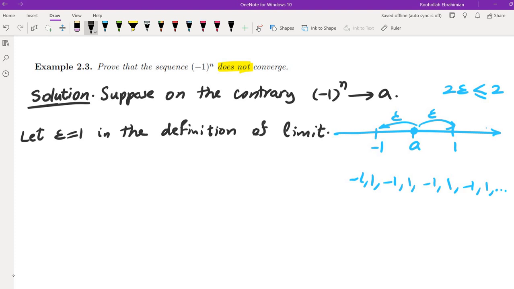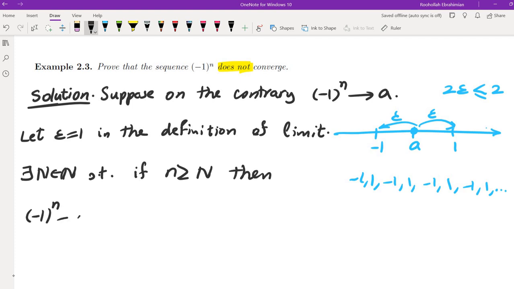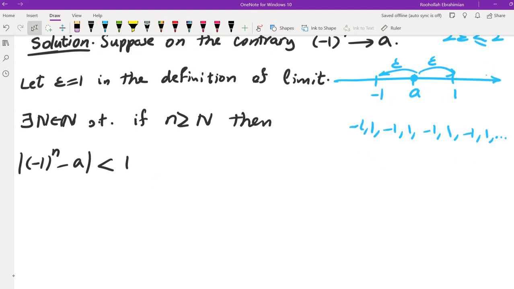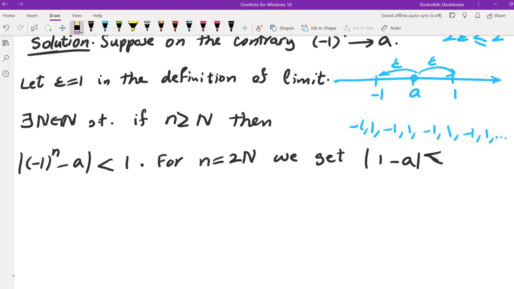So epsilon equals 1 in the definition of limit tells you there is a natural number N such that if n is greater than or equal to N, then the absolute value of (-1) to the power of n minus a is less than epsilon. In this case, epsilon is 1. So choose an even number that is more than N. For n equals 2N, we get the absolute value of 1 minus a is less than 1.